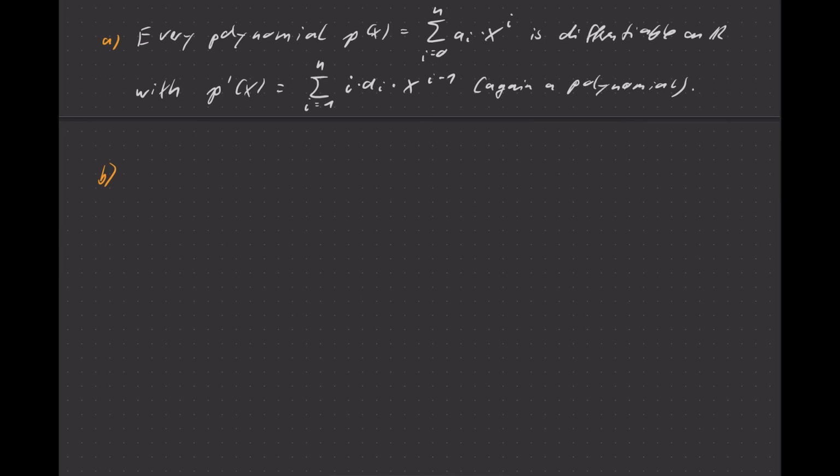Part B, let's also have a look at the quotient rule. And let's say for some n in N, we want to consider the function f of x defined as 1 over x to the power of n.